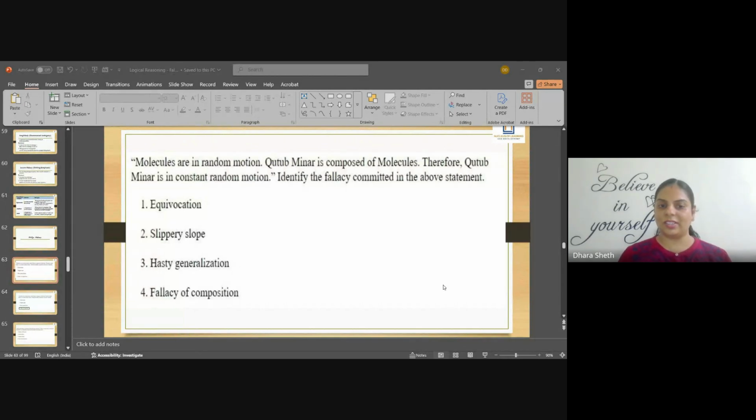Hasty generalization: the sample size is too small to reach a conclusion. So if we talked about 5 more buildings, could we have proved that it was in constant random motion? Probably not. It is the fallacy of composition. Molecules are in random motion, molecules are parts, but that is not true of the whole, that is Qutub Minar.